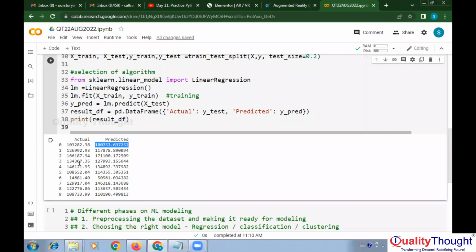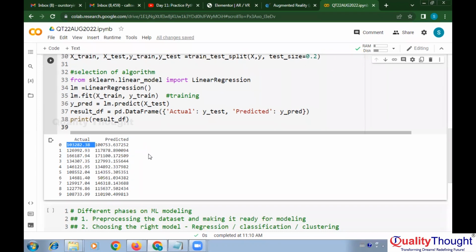Now how to find the accuracy? This is for each one. This is the expected, this is the predicted. So the first step is to calculate MAD, mean absolute deviation. We have already discussed this, right? This minus this and take the absolute value.